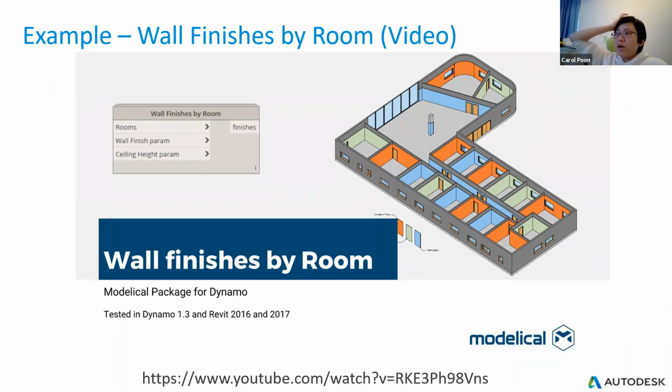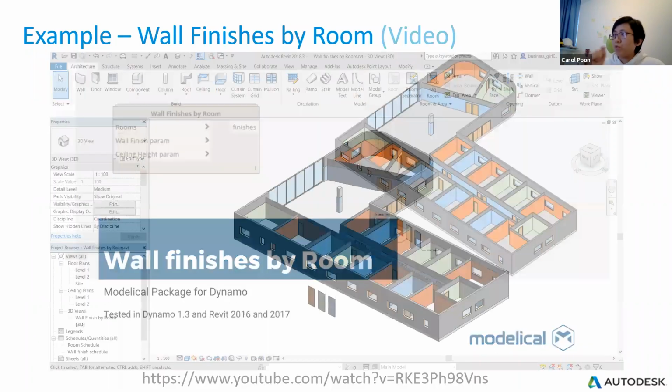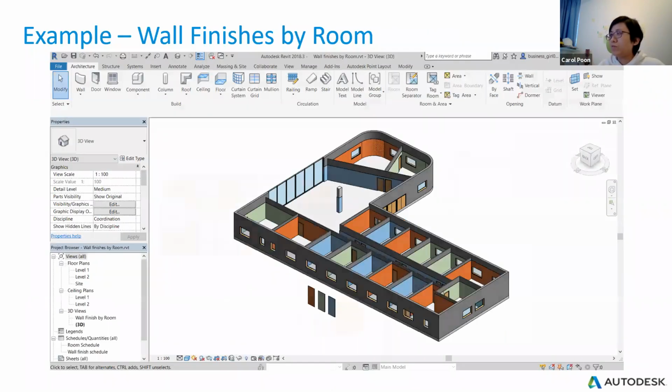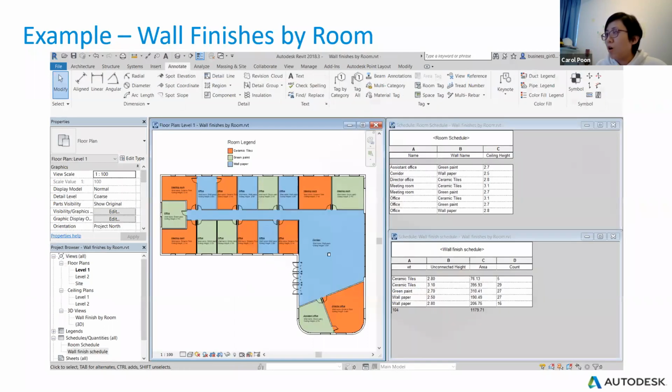Right now I have to paint the rooms, and maybe I have some meeting rooms, a director office, or an assistant office, etc. I've already set these rooms in my Revit room schedule, and I have also set another schedule for different paintings for different rooms.